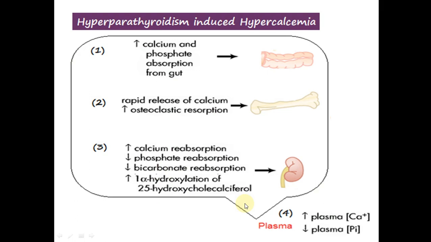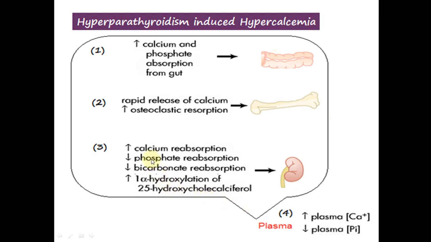Now, as I said, hyperparathyroidism is the condition which causes hypercalcemia. The parathyroid gland is strongly associated with calcium homeostasis and normal metabolism in the body. So in any condition where there is excess parathyroid hormone secretion, it will lead to hypercalcemia.